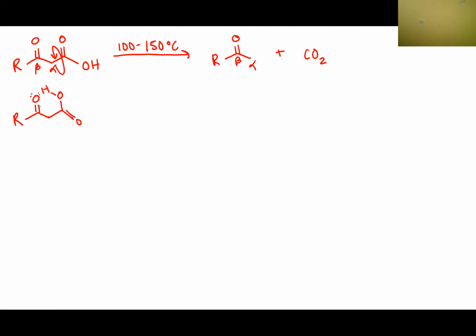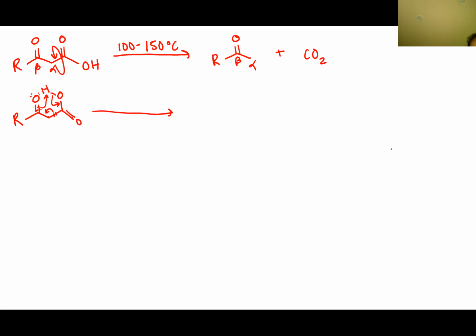The pi electrons in the carbonyl bond here are going to reach out and grab the hydrogen. And that's going to cause the bond between the hydrogen and the oxygen to break, which forms a double bond between the carbonyl carbon and that oxygen. And then that's going to cause this bond to break because this carbon can't have that many bonds. And that literally is the entire mechanism that happens there.